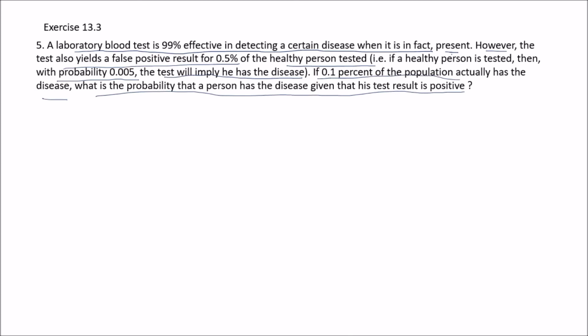What is it? First, what is the probability that the tested person has the disease? That means this is your E1, has disease, and test result is positive. Again, it is A. So let us write whatever we understood. First, we understood that E1 is the event we are taking, corona positive, disease.